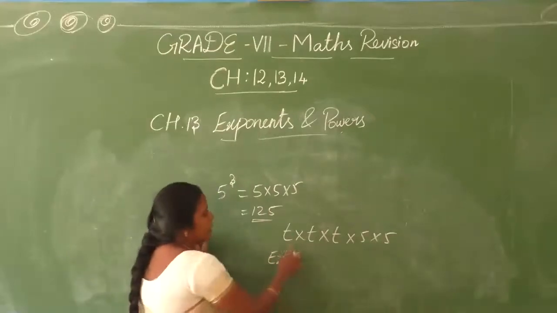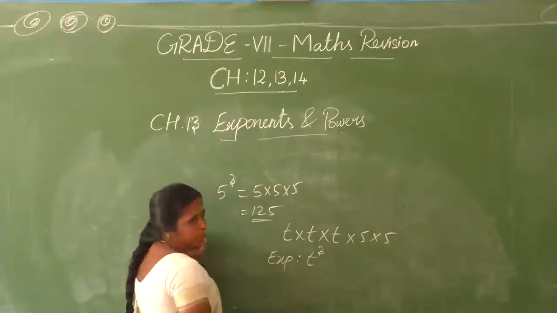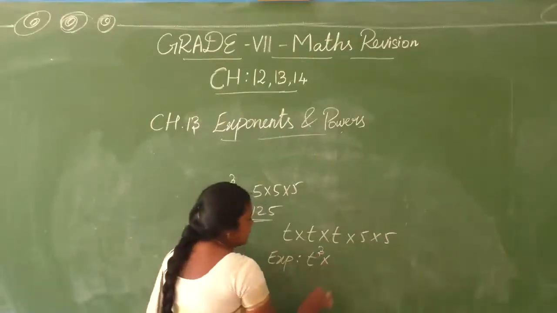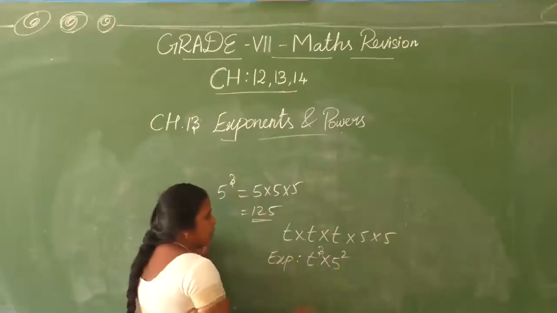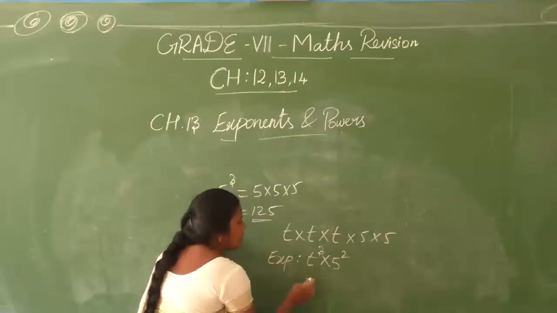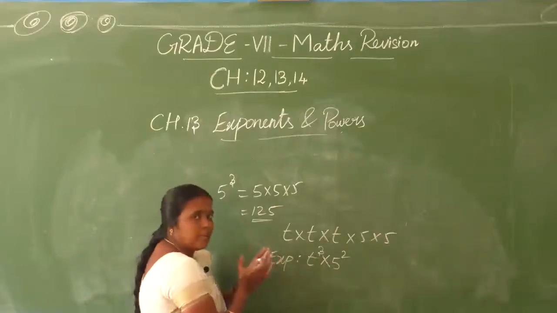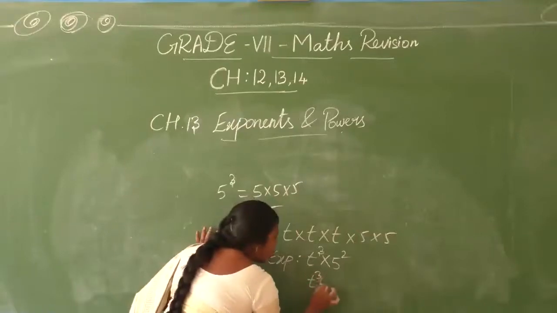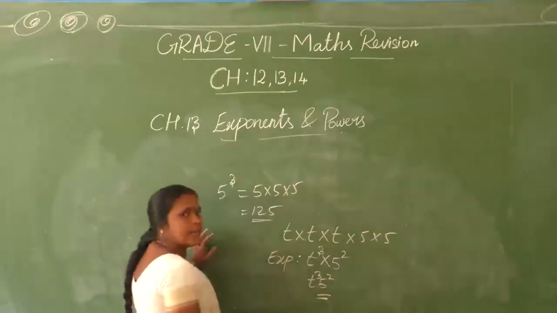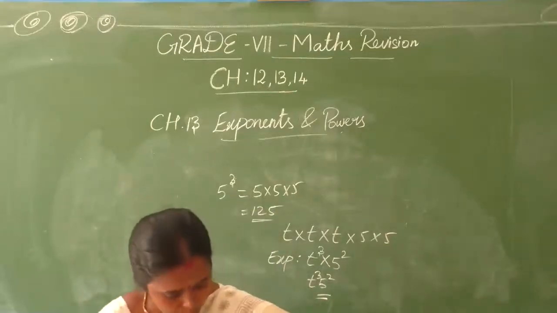How do you write it? t can be written in power notation as t cube, yes or no? 5 into 5 can be written as 5 square. This is a variable, this is a constant, so we can't simplify; we just keep them together. So t cube into 5 square, that's all. Understood children? So like this, you have to solve the remaining questions.